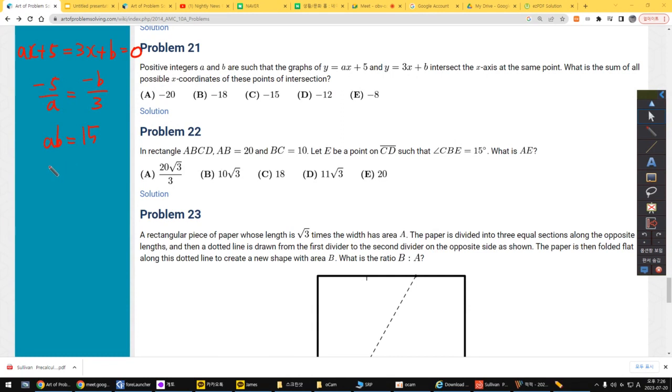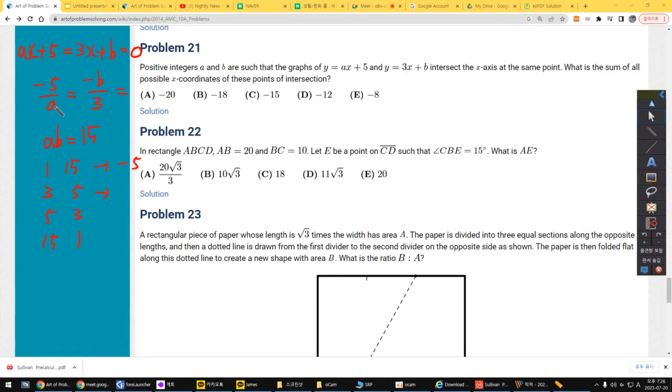4 possible cases: 1 and 15, 3 and 5, like this. And for each case, if a is 1 and b is 15, the x-intercept is minus 5.